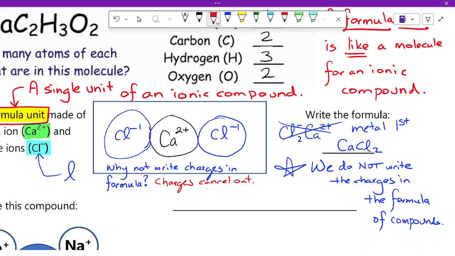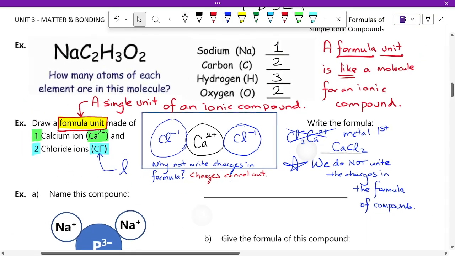Once you've had experience with it, you don't need people to write that in the formula for you anymore. It just means that when you get to that point where you know the charges, you've become fluent. But we're not there yet, but we still don't write the charges because that's just not how it's done.